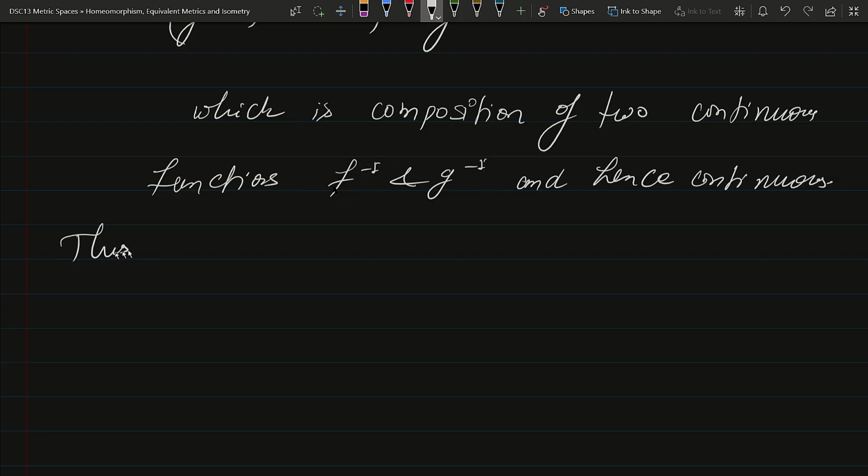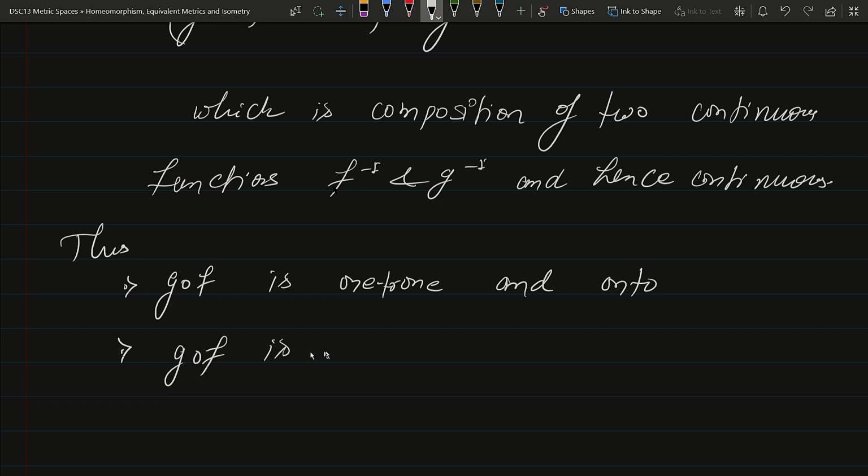So thus Z of f is one-one and onto, then Z of f is continuous, and the third one is that (Z of f) inverse is continuous.